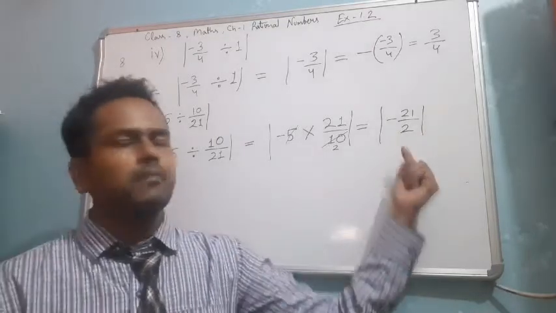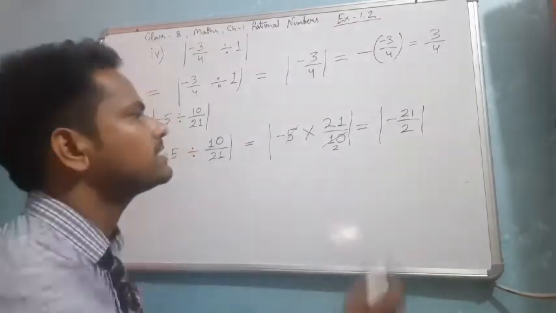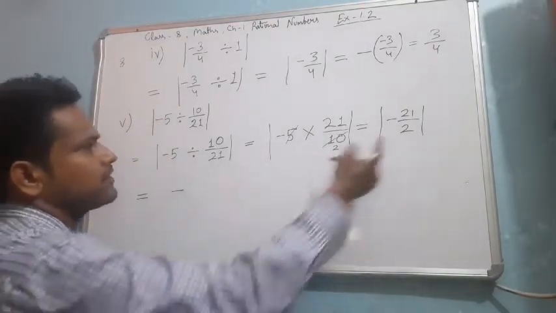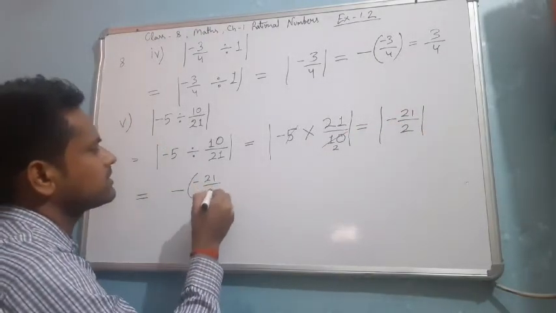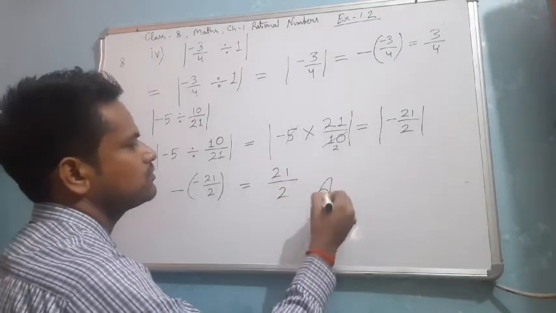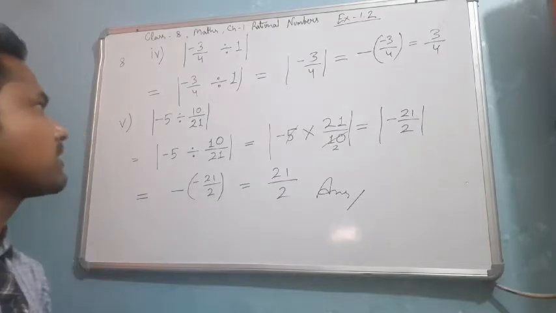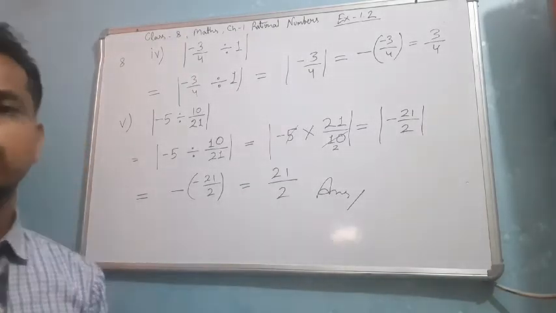Here minus 21 by 2 is a negative rational number, then this mod gives minus a, where a is minus 21 by 2. Minus of minus 21 by 2 is 21 by 2. That will be your answer. Got it? So pause the video and note it down.